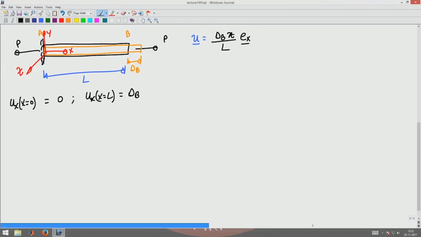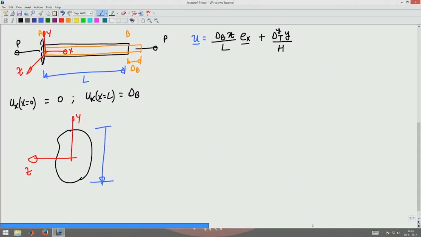Similarly, let us assume that the uy displacement is given by some delta transverse y by h, the depth along the y direction, wherein I have some arbitrary cross section with y and z like this, and I am assuming that this distance is h and this width is going to be b.